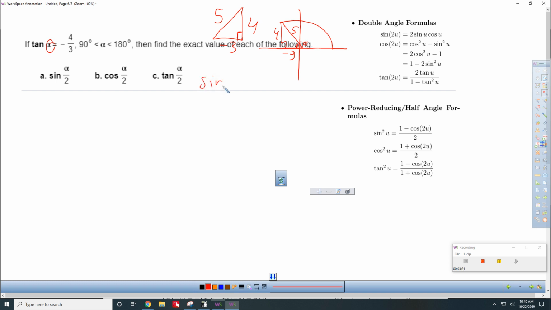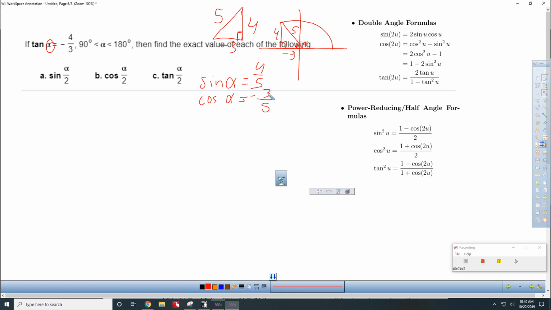The sine of A equals opposite over hypotenuse, which is 4/5, and the cosine of A is equal to -3/5, which is adjacent over hypotenuse.